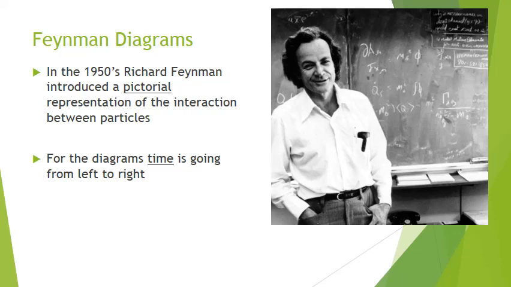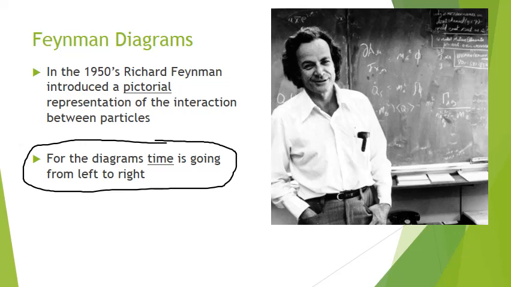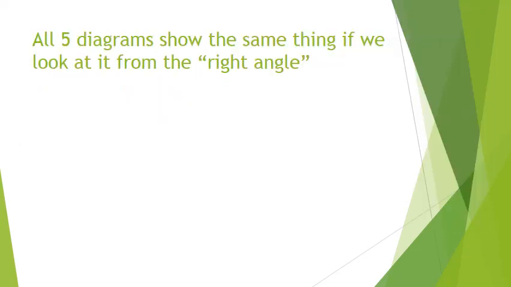Now, these diagrams are very helpful. They can get quite complex, and so we're just going to look at the very basics of it. Now, for the diagrams that you're going to see here, the time is going from left to right, and so you'll see that here.